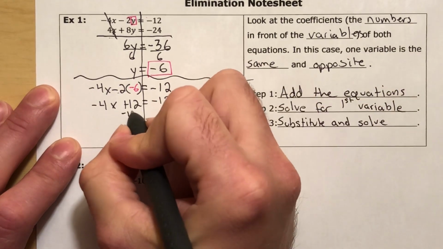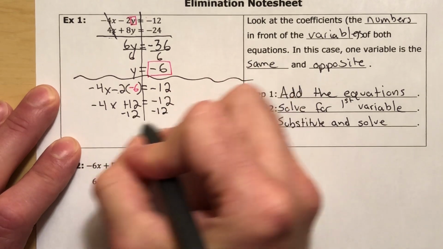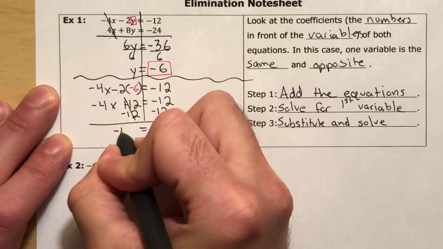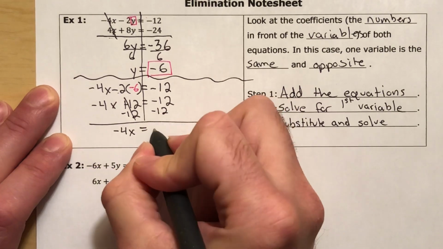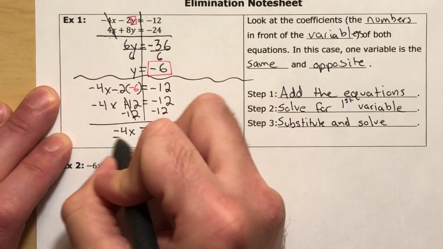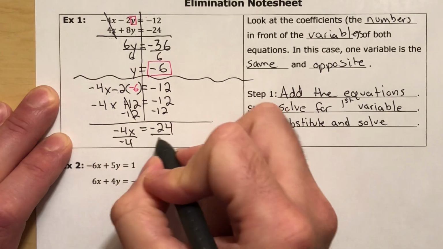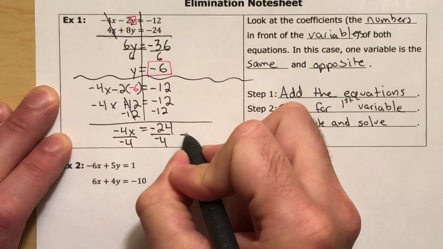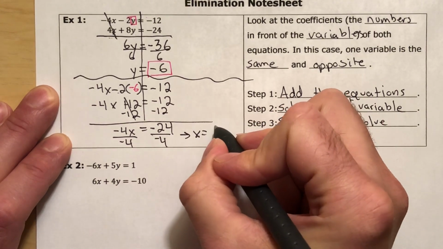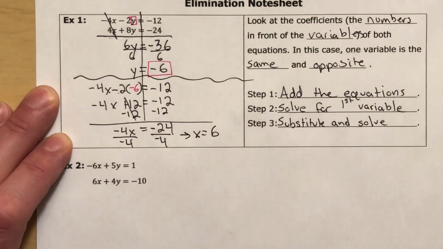And then we'll subtract 12 from both sides. So -4x equals -24. Last step, we'll divide by the coefficient. And that gives us x equals negative divided by negative is positive, so x equals +6.